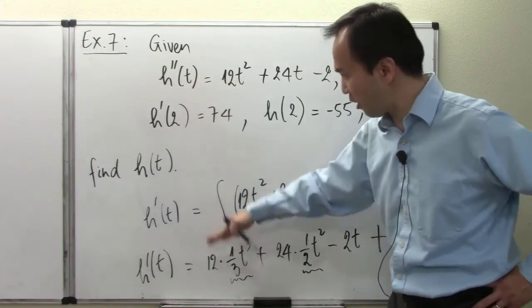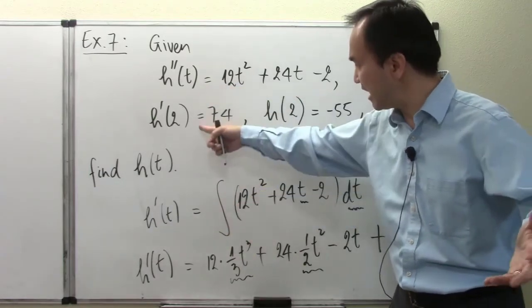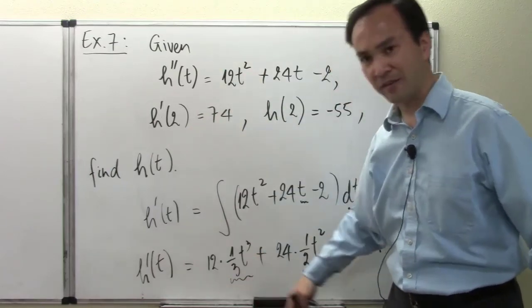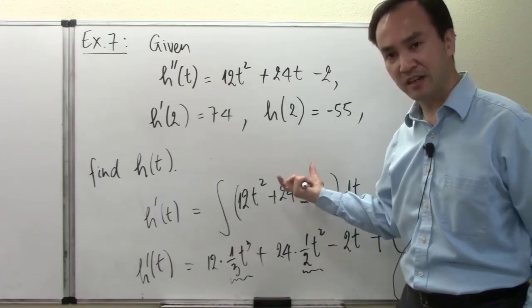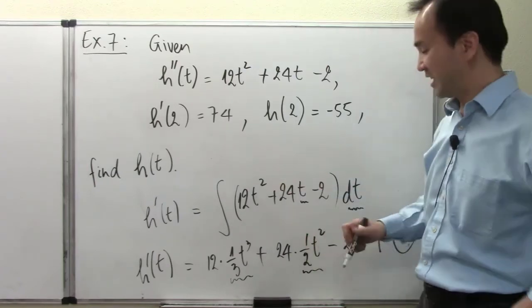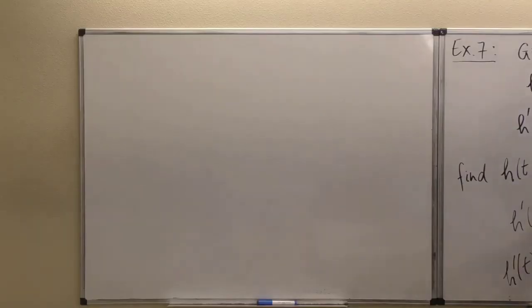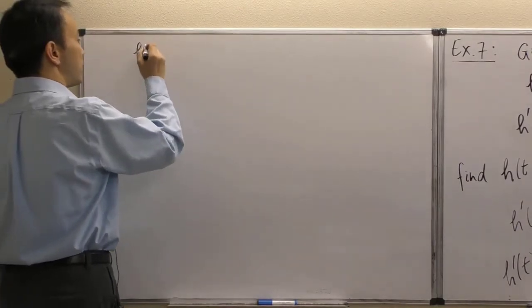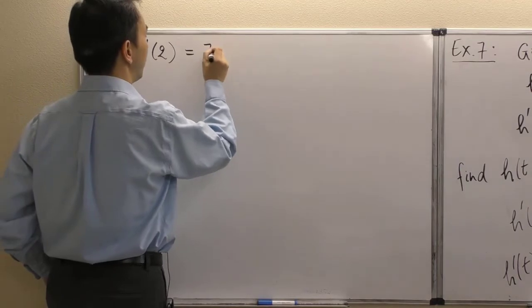And so again, I call this problem, it's a problem that we find the final function, but in the end it's giving these initial conditions right here. And so in the end, the whole problem here, just like problem number 6, we call what we have here an initial value problem. Okay, so according to the given information, we know that h prime at 2 equals 74. That's given.